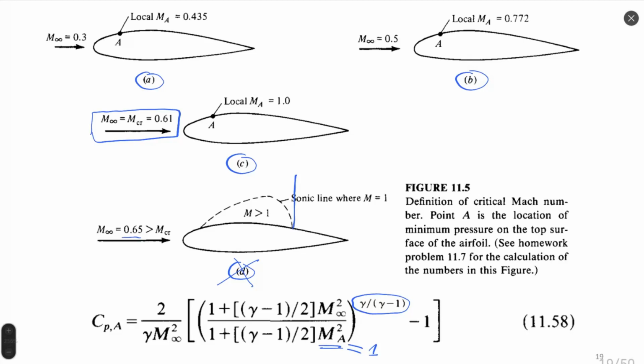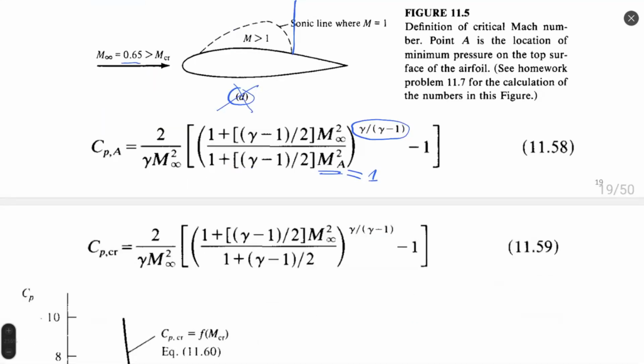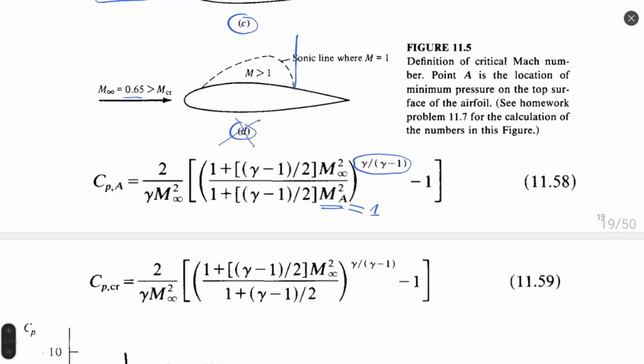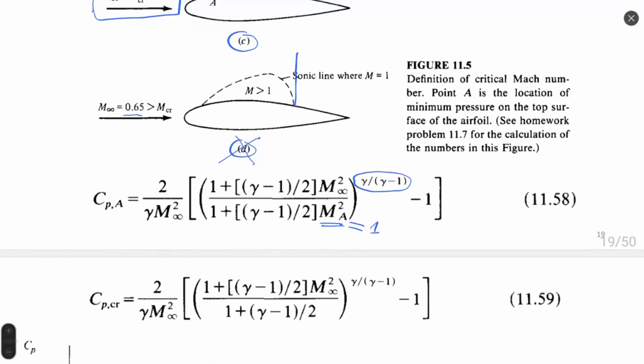It will be just a function of M infinite related to pressure coefficient. And here it is. Equation 59 is a simplified version of equation 58 when we substitute MA equal 1.